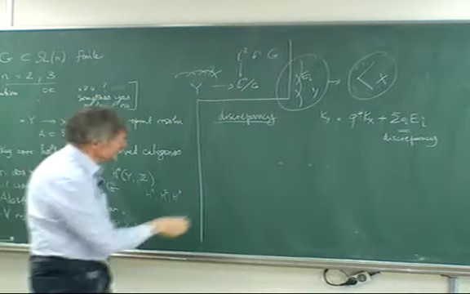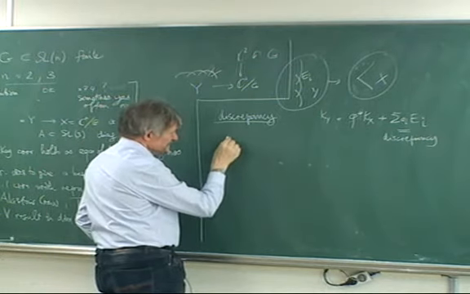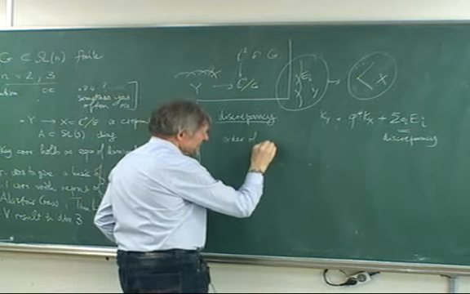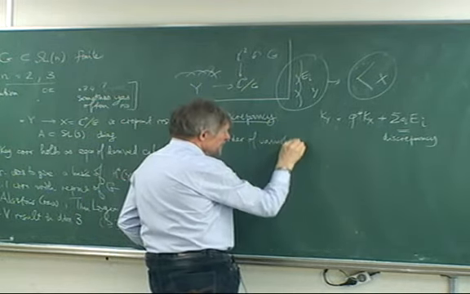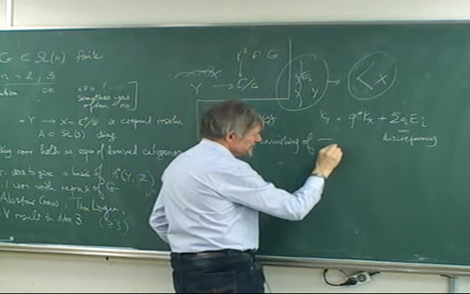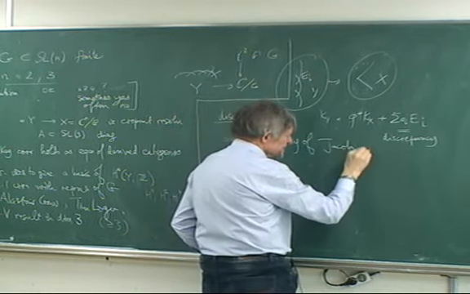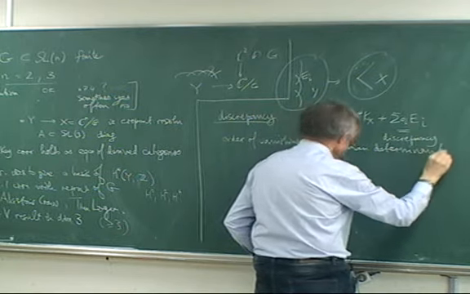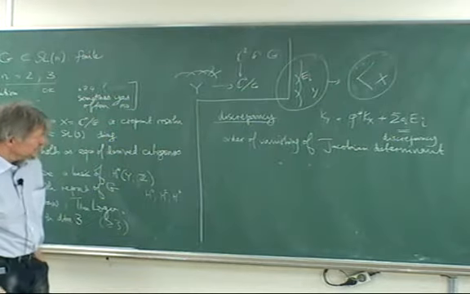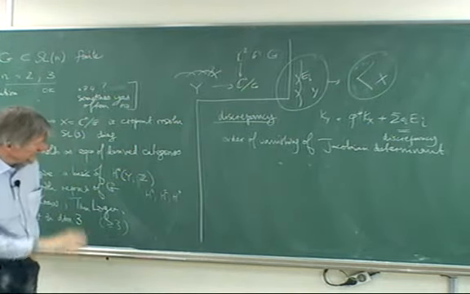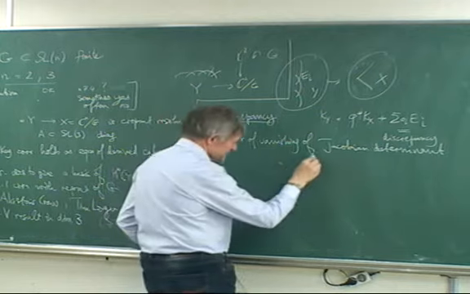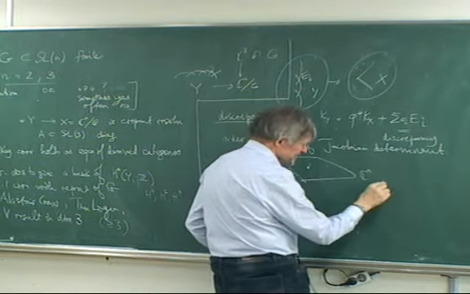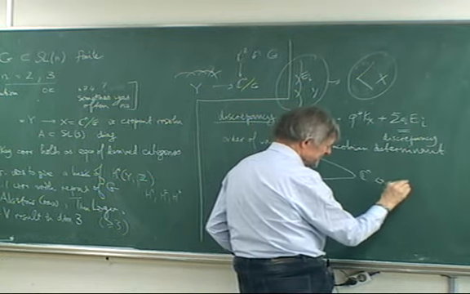The way you should think of it is as the order of vanishing of a Jacobian determinant. I'm not going to be able to describe this in great detail, but here's the C^n I start with, and it's got coordinates x1 up to xn.